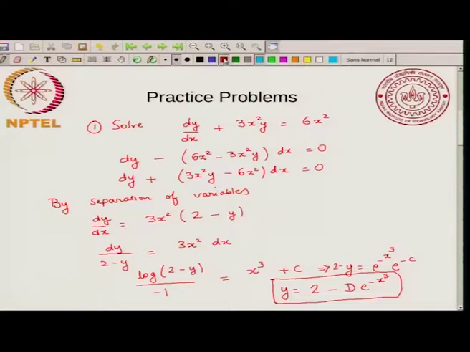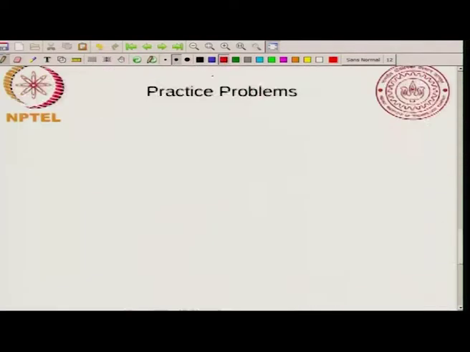Now, the second problem that I will do, okay, will illustrate the use of matrix methods. Okay. So, here what you will do is you will solve these equations. Okay. So, solve the equations.